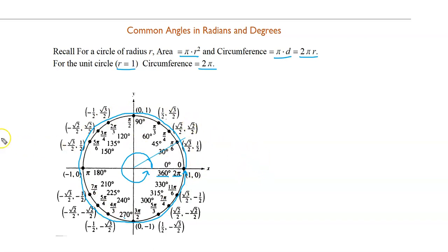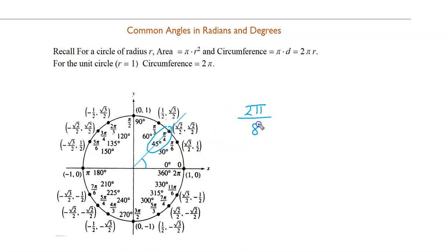Now also notice, let's pick an angle here like 45 degrees. Why is 45 degrees equal to pi over 4 radians? Well, 45 degrees is 1/8 of 360 degrees. You can see that if you just put a line segment in here. So if we go all the way around the outer edge of the unit circle, that distance would be 2 pi.